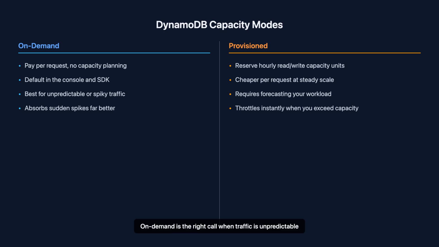On-demand is the right call when traffic is unpredictable or spiky, because it absorbs sudden surges far better. Provisioned, on the other hand, is where you reserve hourly read and write capacity units up front. It's cheaper per request once you're at steady, predictable scale, but it requires you to forecast your workload.